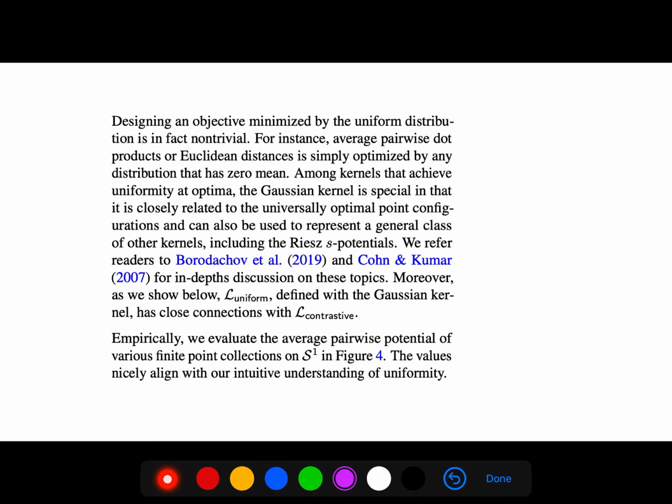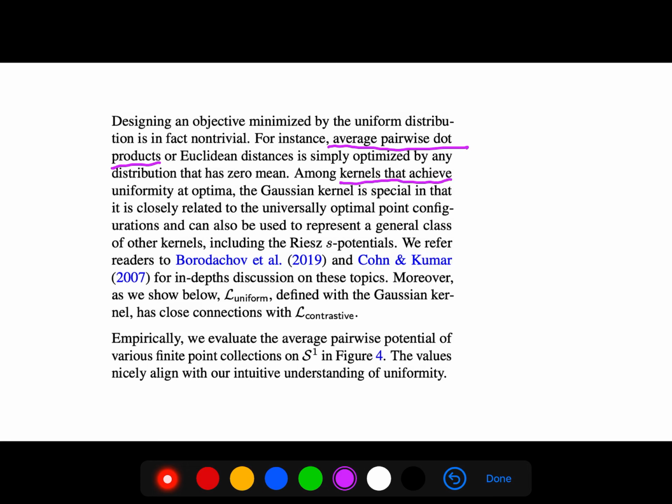Designing an objective minimized by the uniform distribution is in fact non-trivial. For instance, average pairwise dot products or Euclidean distances are simply optimized by any distribution that has zero mean.